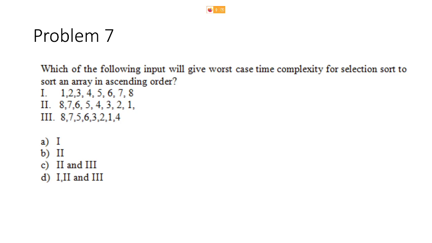So what will be the time complexity for selection sort in all of these cases? 1, 2, 3. No, it's asking B, which is second. What is the worst case time complexity of selection sort?